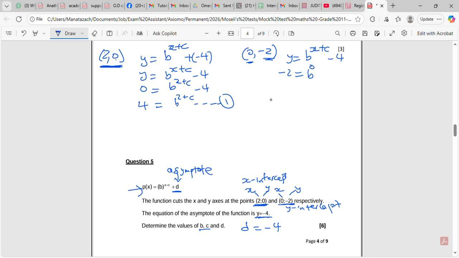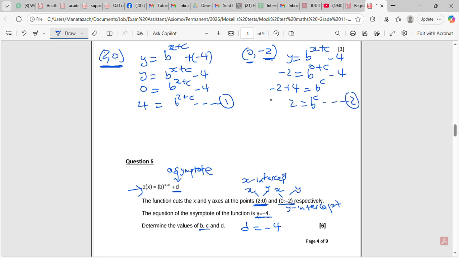Then I'm going to take 4 to this side, so it's going to be -2 plus 4. It's going to be positive 4 when it comes to the other side of the equal sign. So 0 plus c is just going to be c there. So -2 plus 4 is 2. b exponent c, so that will be equation 2. So we're dealing with a simultaneous equation here.